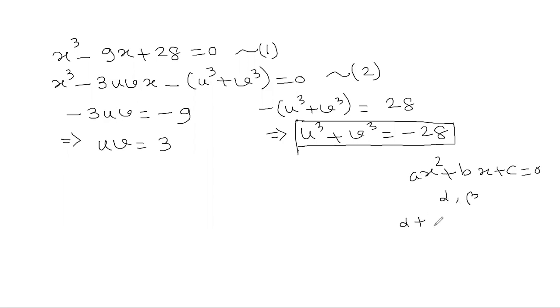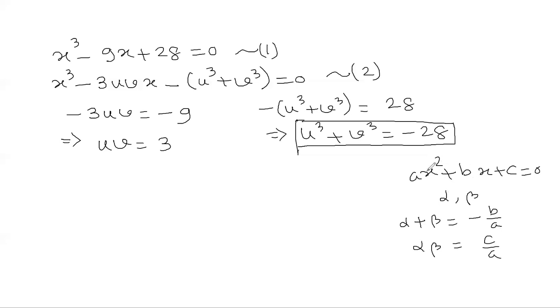The sum of the roots is equal to minus b by a, that means minus the coefficient of x divided by the leading coefficient. And the product of the two roots, alpha beta, is given by c by a. So if the equation is known, you can write the relation of roots and coefficients, right?